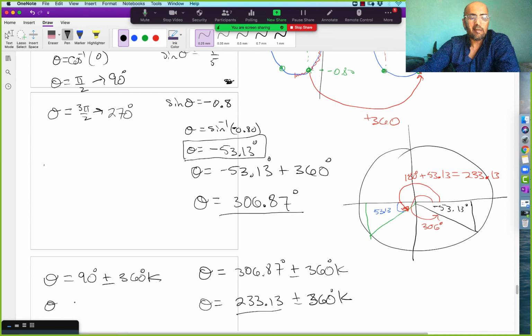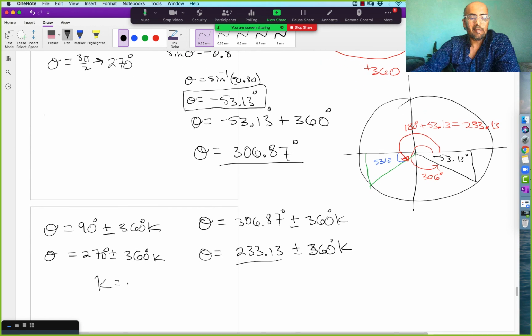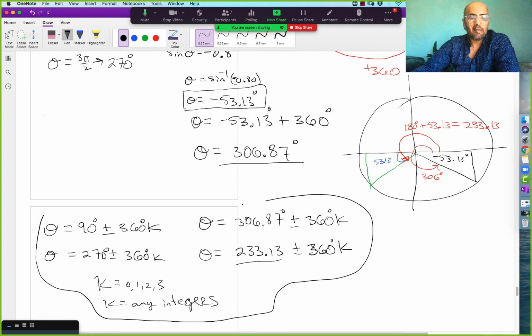And the other one is theta equals 270 degrees plus or minus 360 degrees K. This is where K equals 0, 1, 2, 3, or K equals any integer. And there are our solutions.